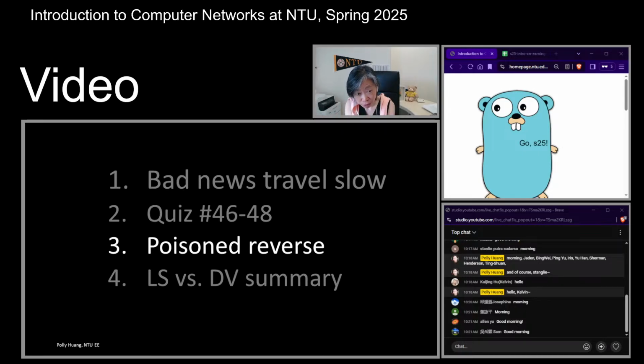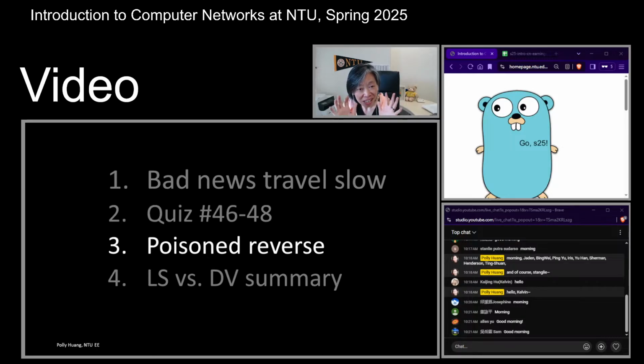So the idea of Poisson reverse is for the nodes adjacent to the link having the link cost change to inform the neighbors: in case you're taking this link as the best path, definitely change your distance vector table to infinity. That's really bad, so we can quickly converge to what's true.